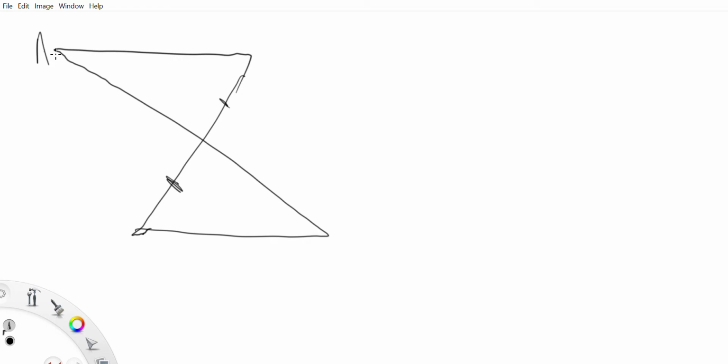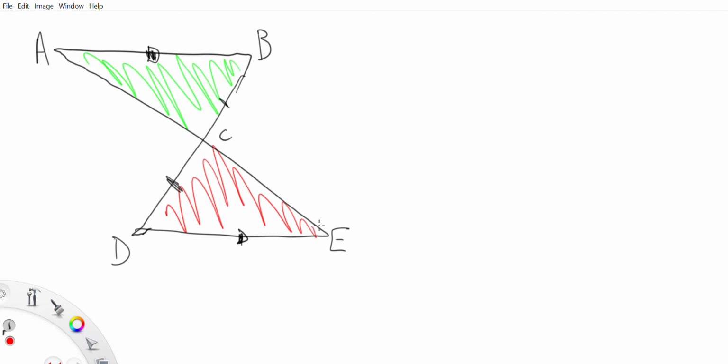Let's give them letters A, B, C, D, and E. So this one here is parallel to this one. We need to prove that these 2 triangles are exactly the same. We've got our top triangle, I'll colour that one in green, and our bottom triangle, I'll colour it in red.